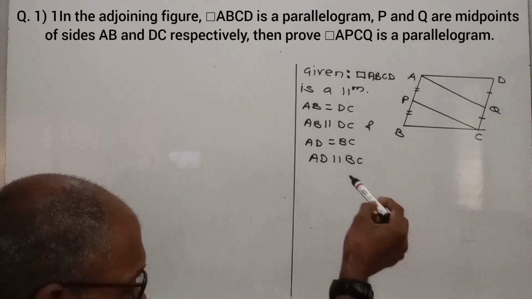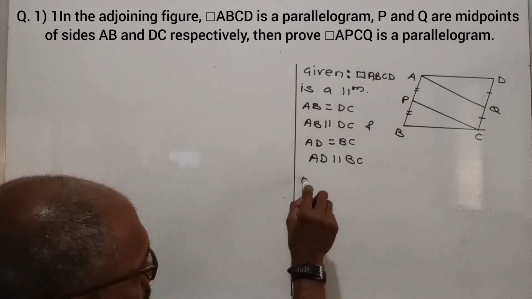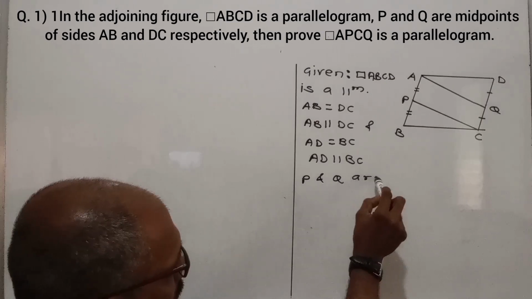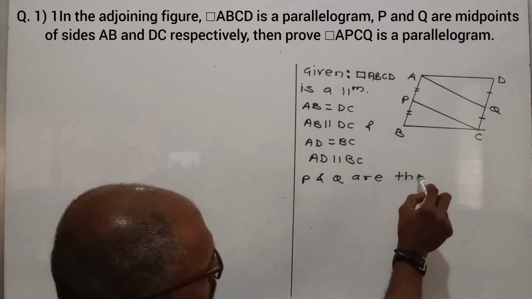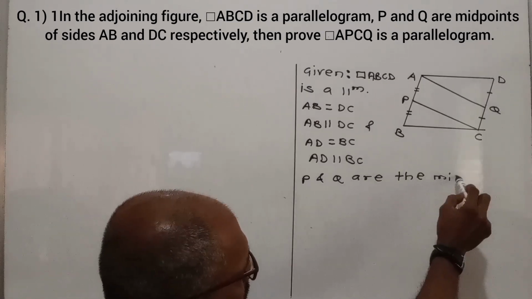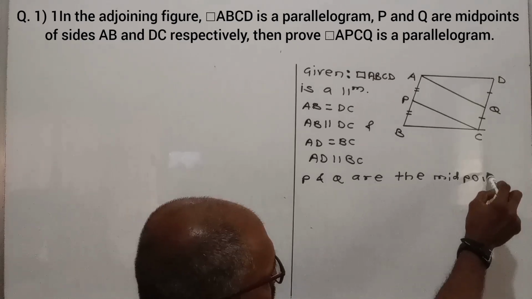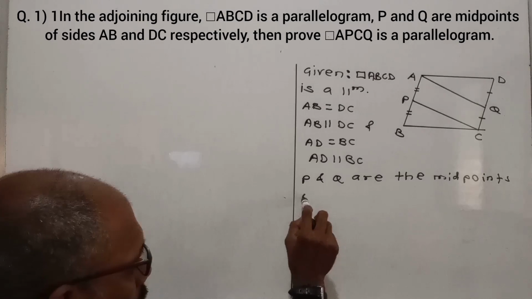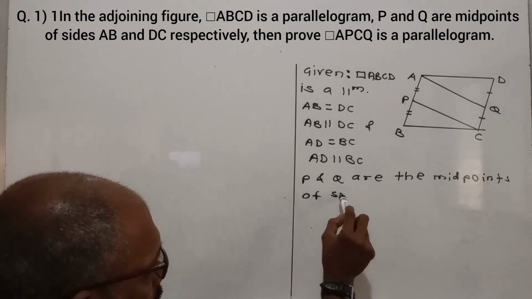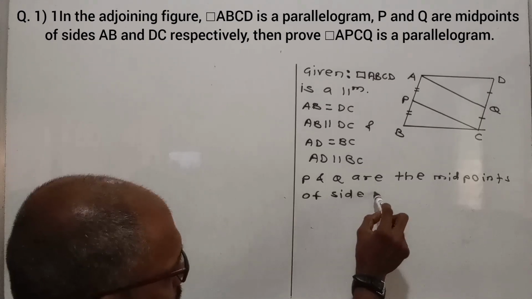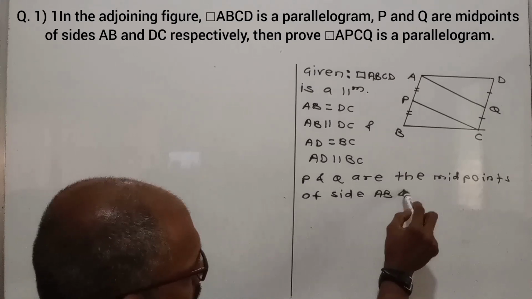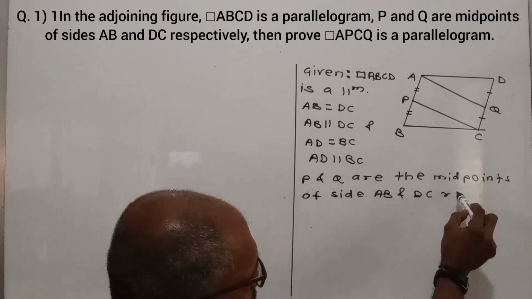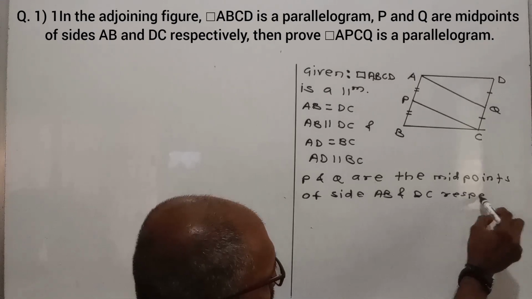Okay. So we write here P and Q are the midpoints of side AB and DC respectively.